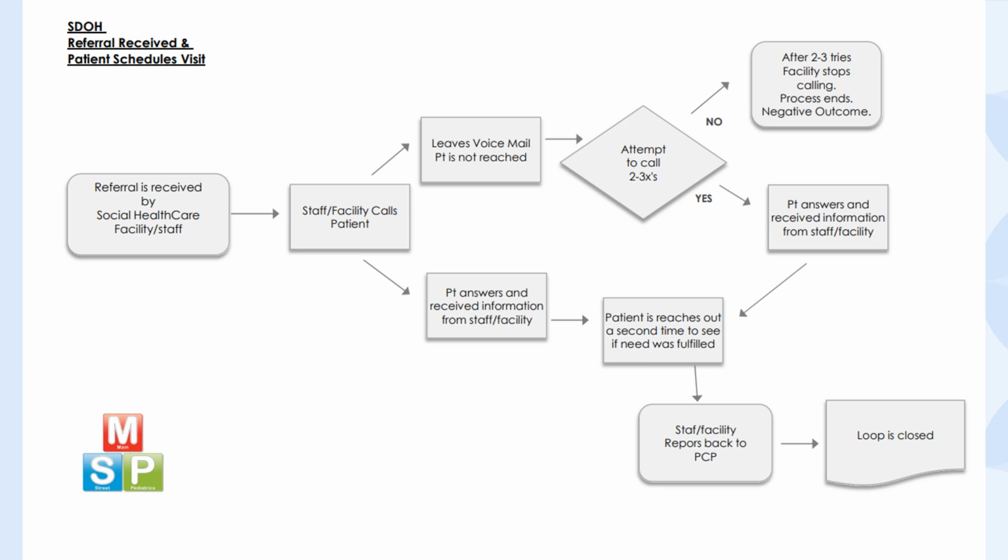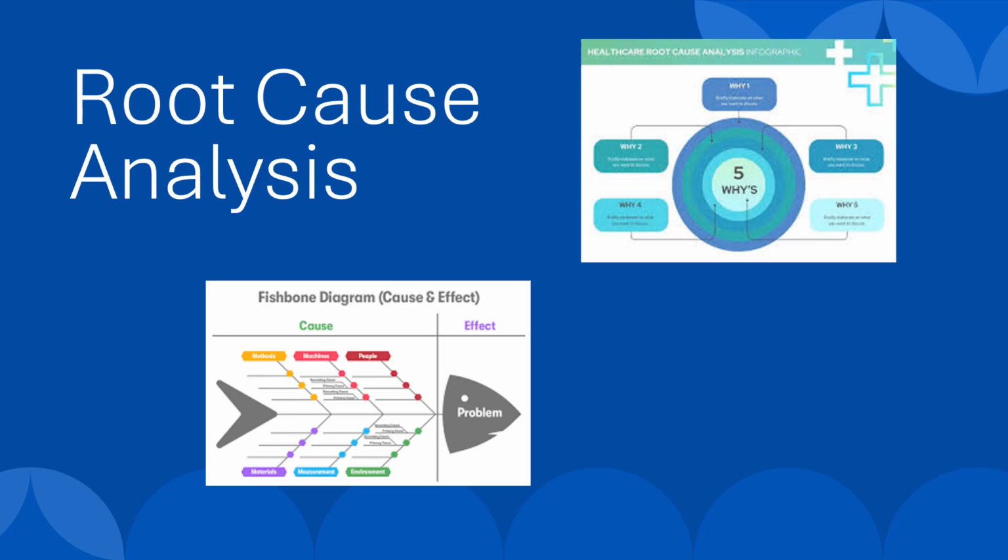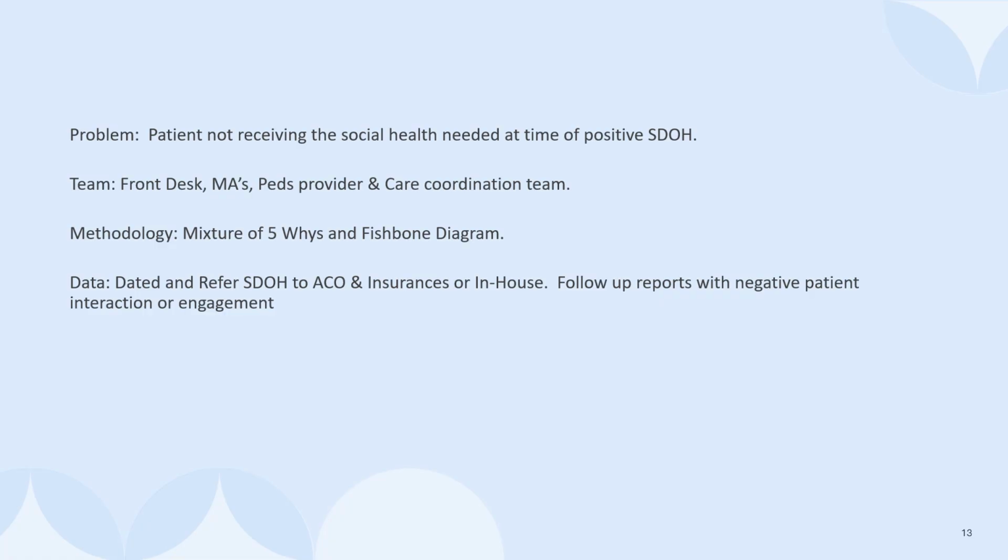So we came to see that this was not achieved as we were expecting. So we tried to do a root cause analysis about the reasons why this was not achieved. The main problem was that most of the time patients did not receive the resources that they had been identified as needing.